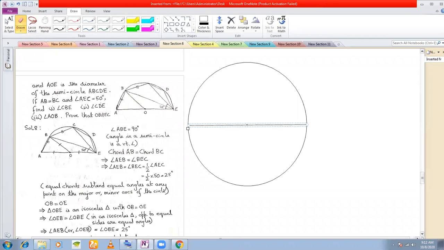And to understand cyclic quadrilaterals also, this figure is very important. If you understand this problem, it means that you are comfortable with cyclic properties.